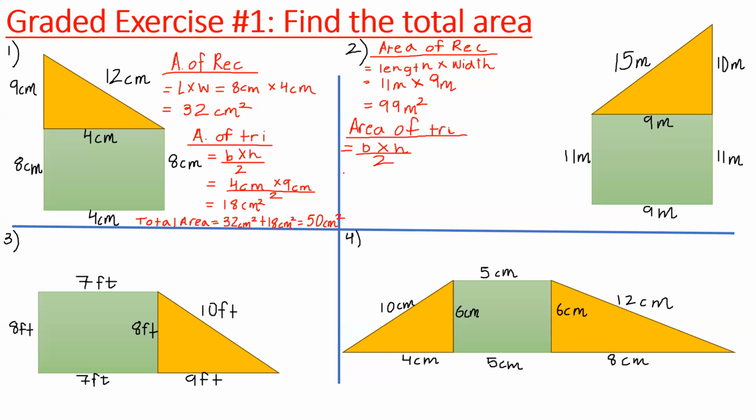What is the base? The base would be 9. What's the height? 15. Nope. Oh, 10, sorry. 10. And we have to divide it by what? 2. It's going to be equal to 90. 90 meters squared.